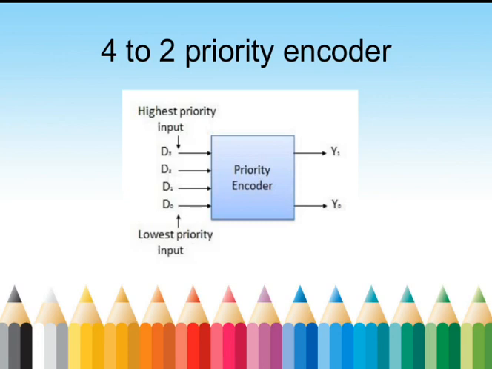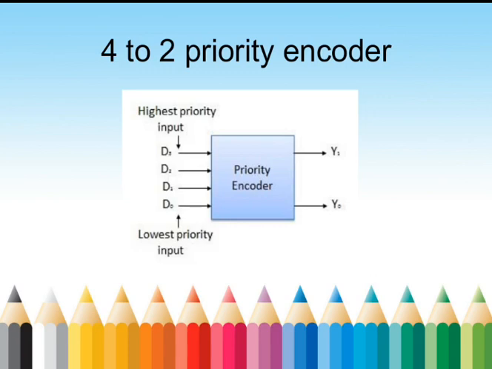A priority encoder can be explained by a 4 to 2 encoder type, which means it consists of 4 input bits, D0, D1, D2 and D3. The output variables are Y0 and Y1. The LSB bit D0 has the lowest priority and the MSB bit D3 has the highest priority.